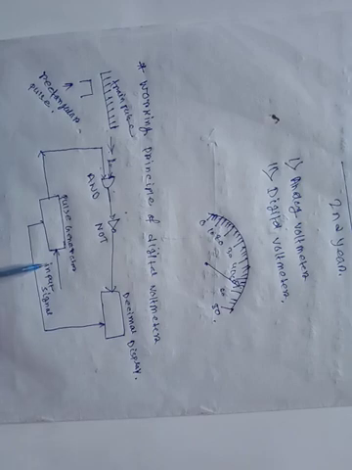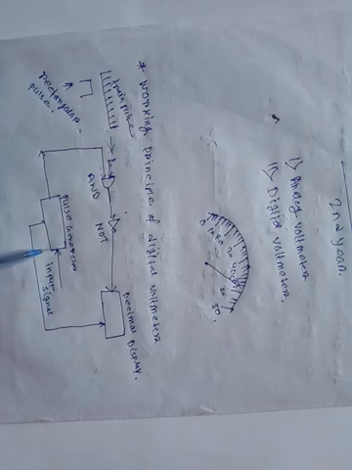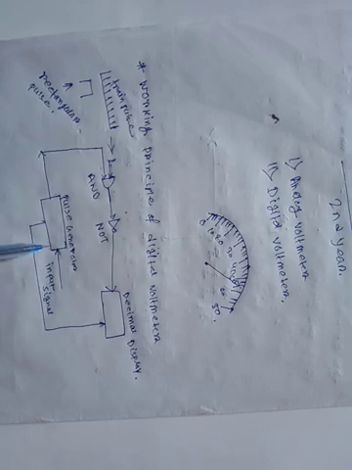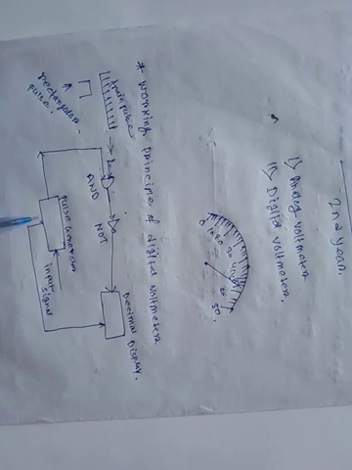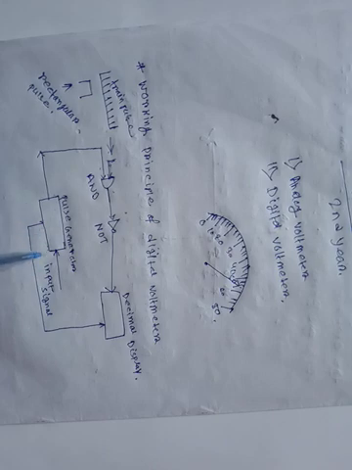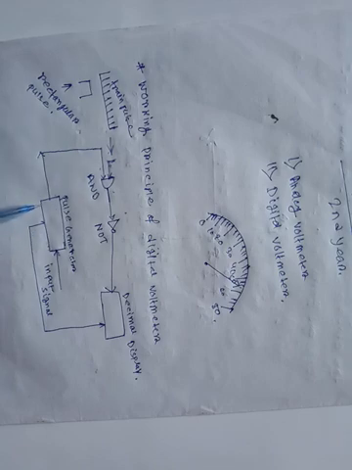Here the unknown voltage signal is fed to the pulse generator, which generates a pulse whose width is proportional to the input signal.